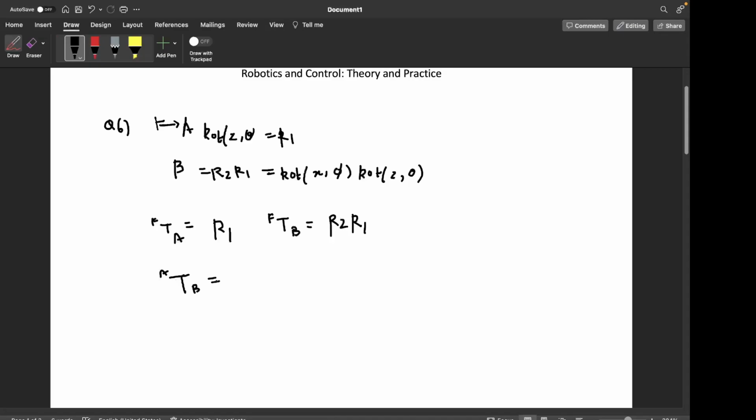Now we will decompose this transformation into the matrices that we know.